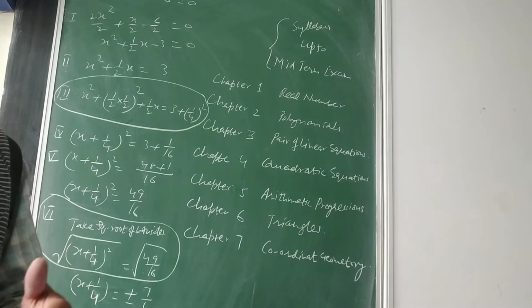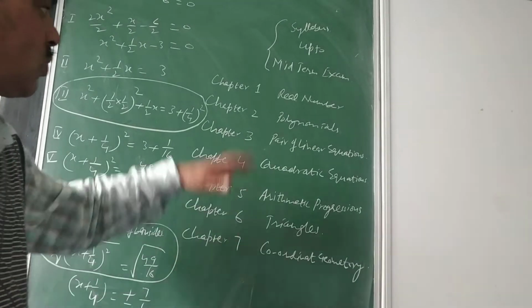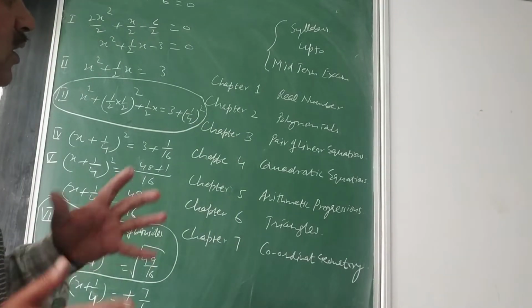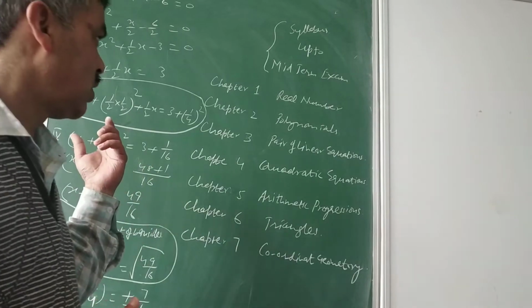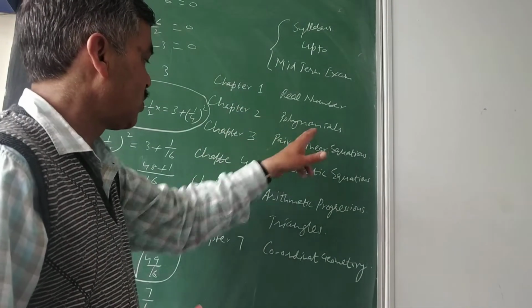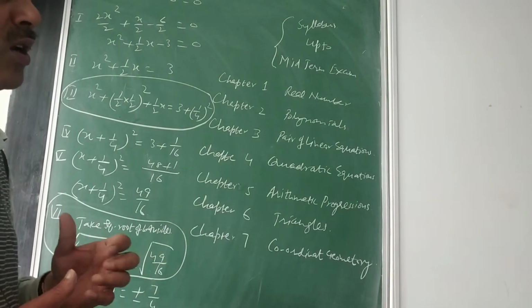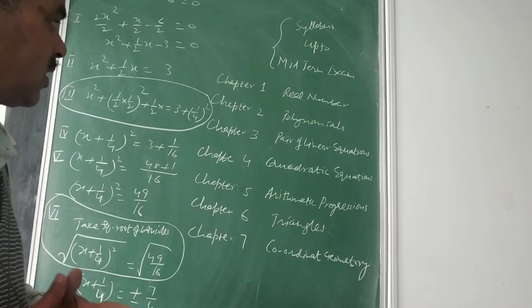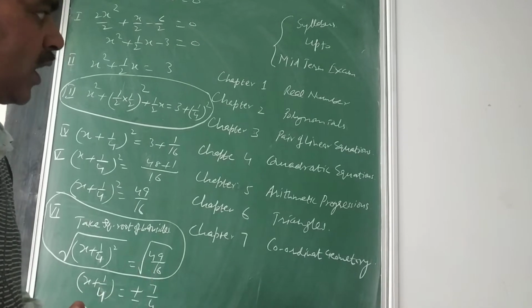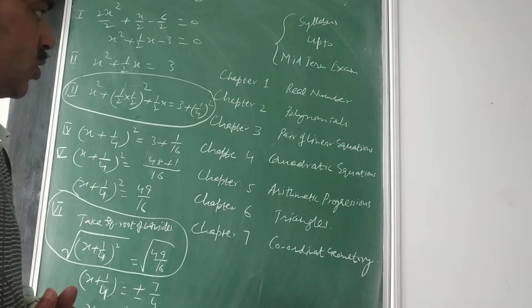If we conduct the pre-mid examination, any 3 of these 7 will be given to you. Most probably real numbers, polynomials and triangles will be part of your pre-mid examinations if it is conducted. The other 4 you need to add from the midterm examination point of view.